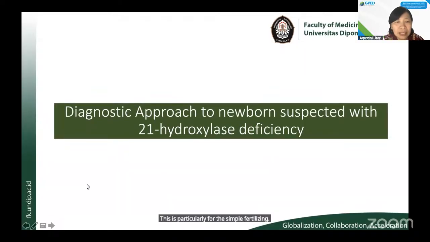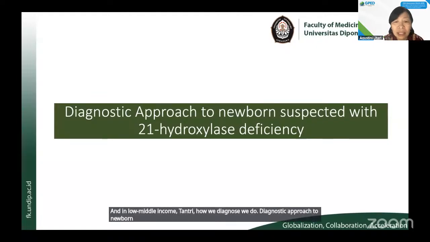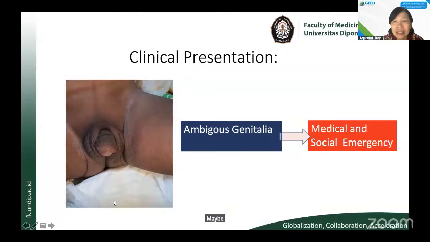And in low middle income countries, how do we diagnose? We do a diagnostic approach for a newborn suspected with 21-hydroxylase deficiency. Maybe we can start with the clinical presentation, particularly for a girl with CAH. They will show ambiguous genitalia, and this is a medical and social emergency.